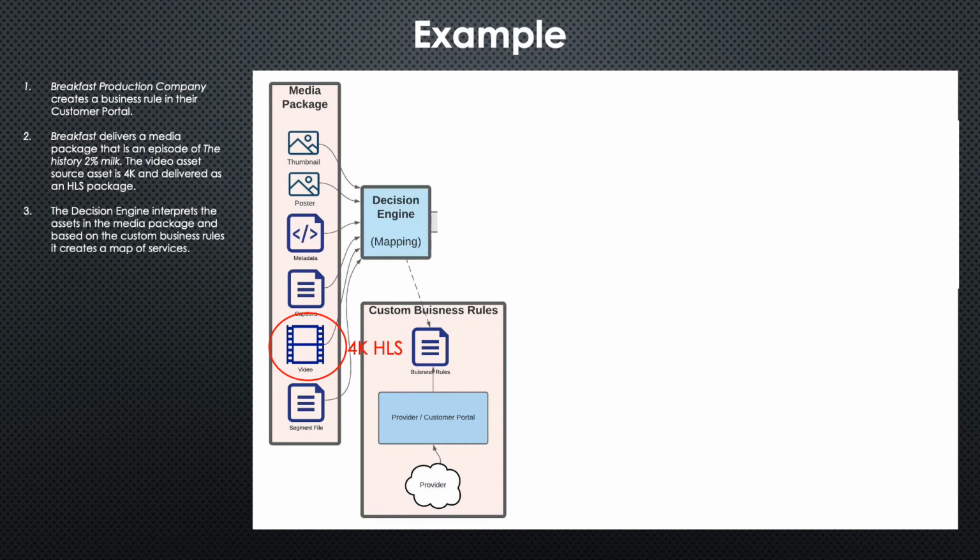So the third thing that's going to happen is the decision engine is going to first be able to read the business rules to see what rules they may have for this particular provider. It'll then check to see if it is a 4K HLS asset.